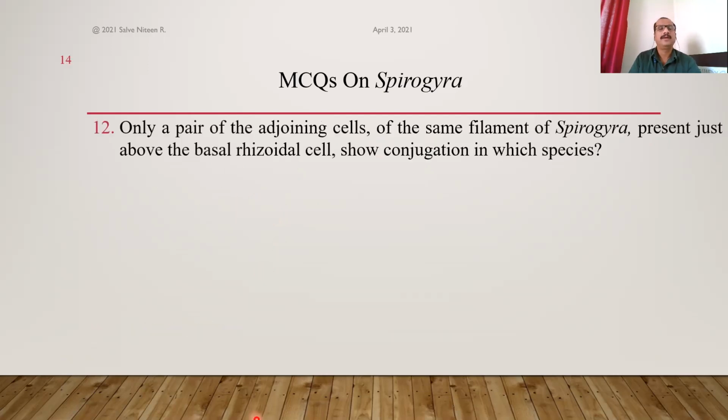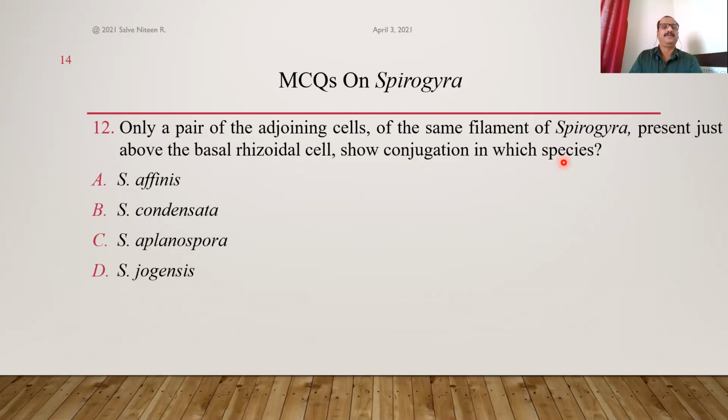Okay. Next one. Only a pair of adjoining cells of the same filament, and that pair which is present just above the basal rhizoidal cell. So there are three cells. The lowermost cell is called the rhizoidal cell. Above that there is a female cell, and above that there is a male cell. When conjugation is shown by only a single pair of adjoining cells, this condition is present in which species of Spirogyra? That is the question.